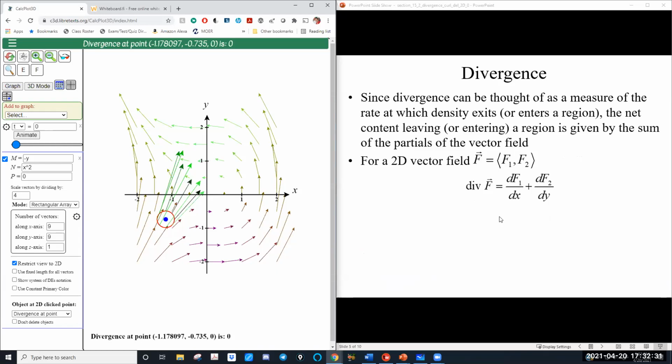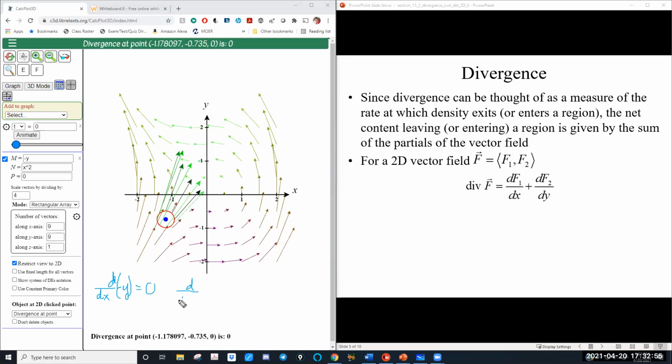Now for our vector field here, we can see why we're getting a divergence of 0 down here, because the derivative with respect to x of negative y equals 0 because it's a constant.